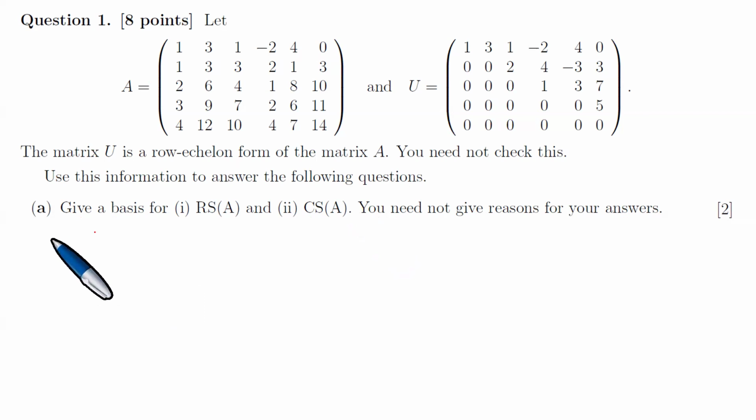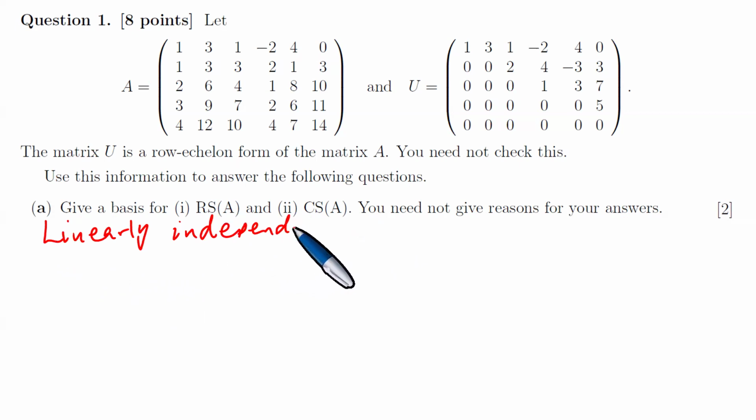We are looking for the linearly independent columns of A. What are the linearly independent columns of A? Those that are not multiples of each other, yet they are not 0.